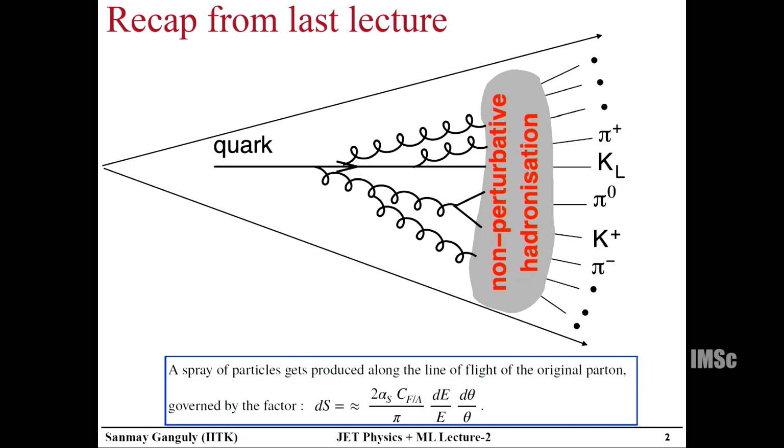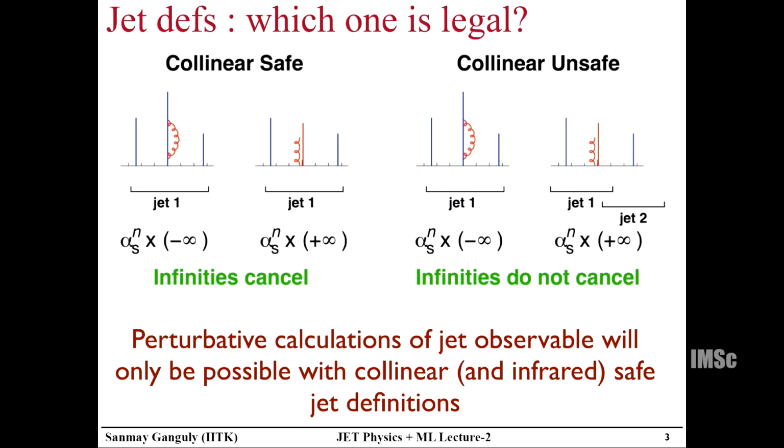So this is the Sudakov double log factor, which has been thrown at you multiple times, and that's it. Already yesterday we were discussing that a good jet reconstruction algorithm should have IRC safety. Now let's look at that statement at the parton level.